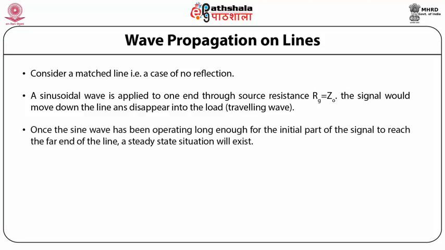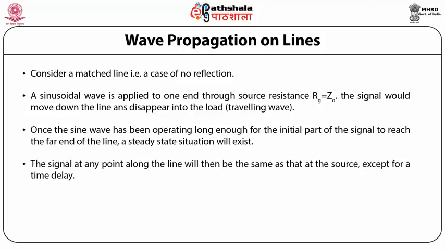This process would take time. Once the sine wave has been operating long enough for the initial part of the signal to reach the far end of the line, a steady state situation will exist.